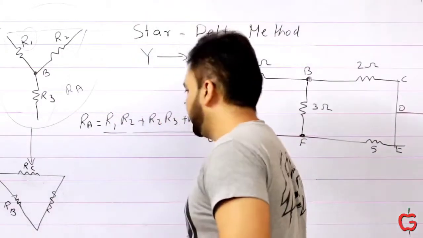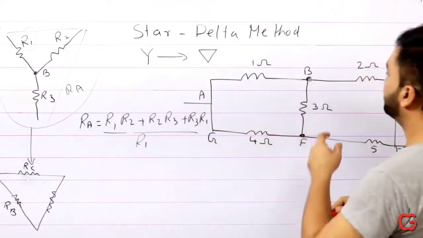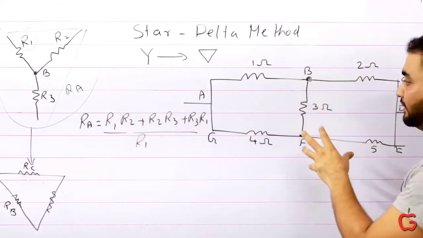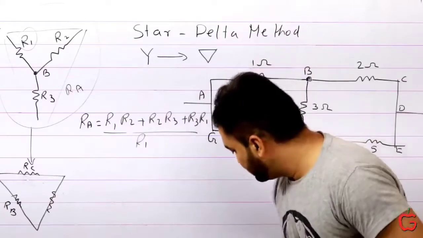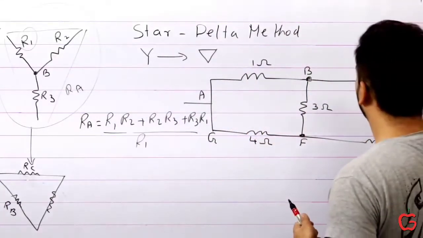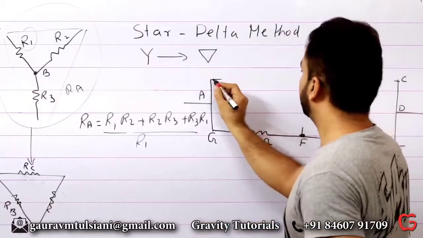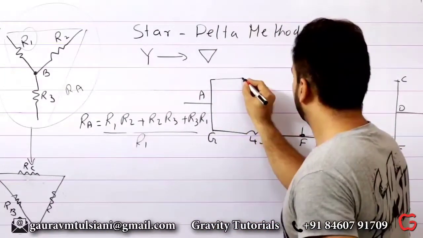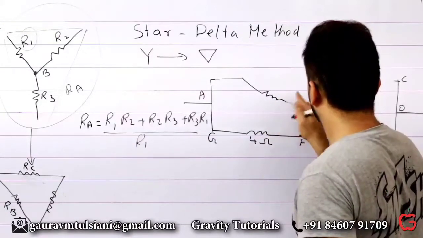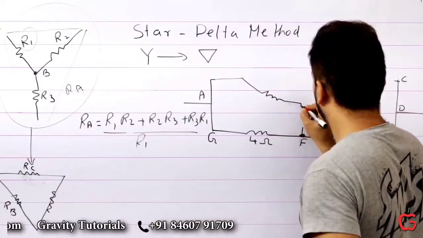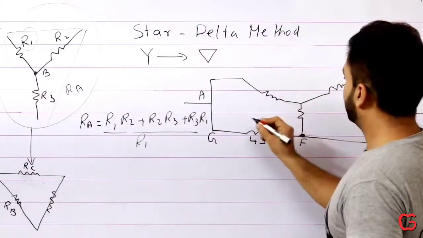I'll keep this one for reference. Now what we are going to do is modify this circuit a little bit. We can imagine this, we can bend this circuit like this. So this is the same circuit.